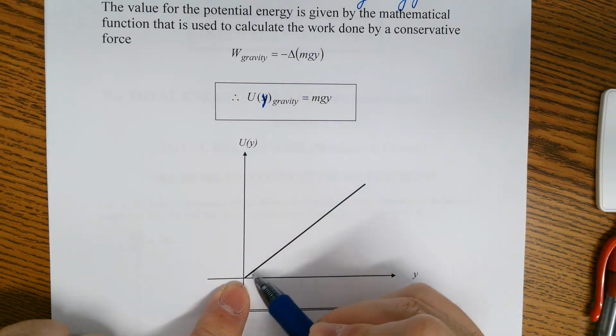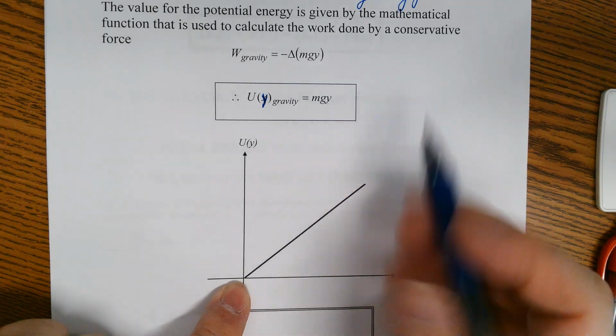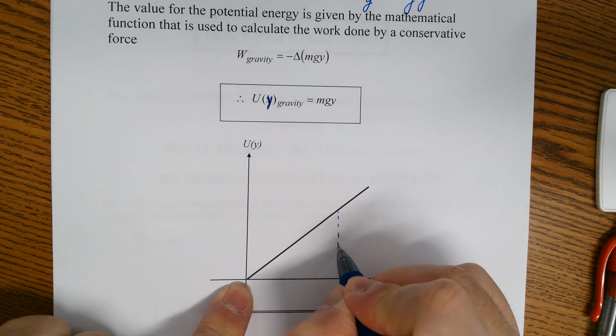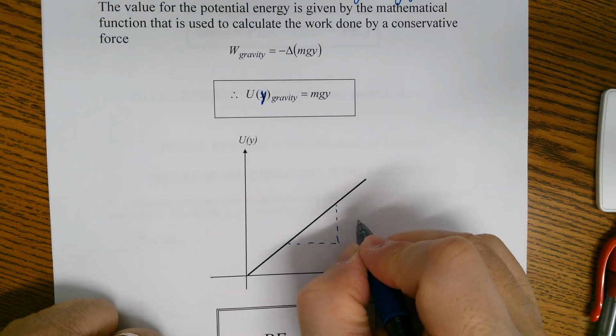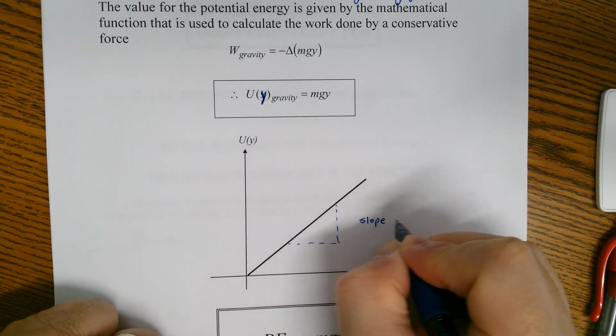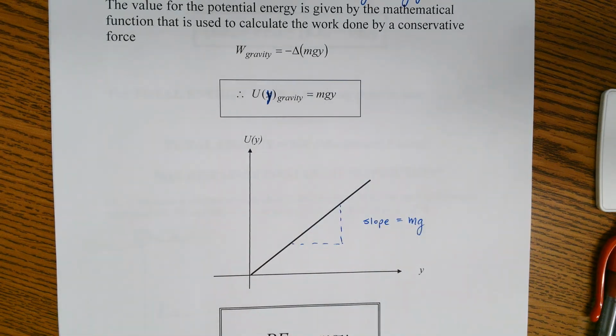So this is the slope, and the slope itself is mg.